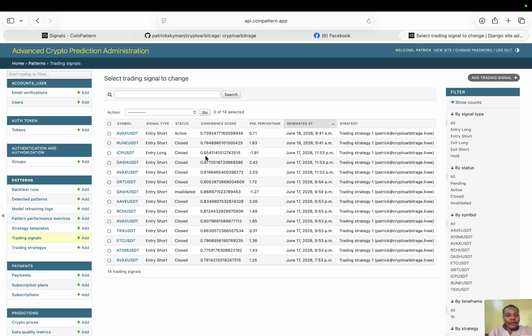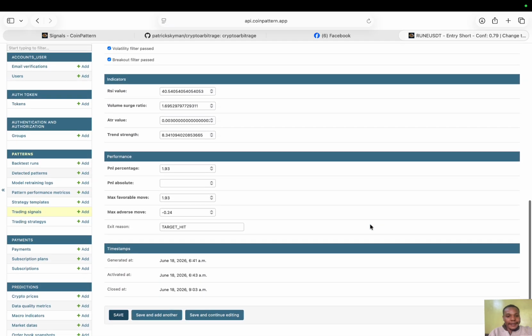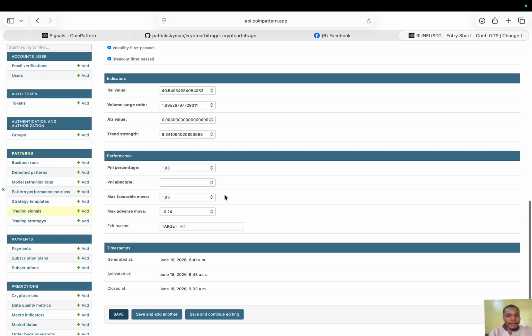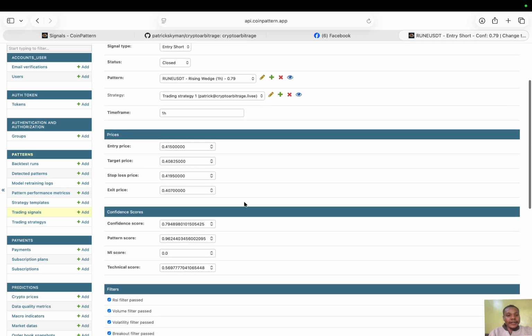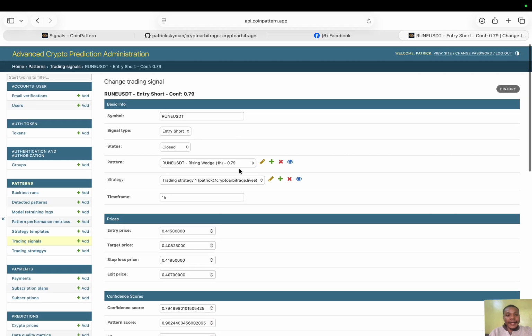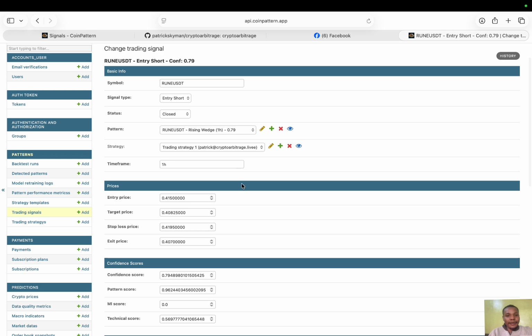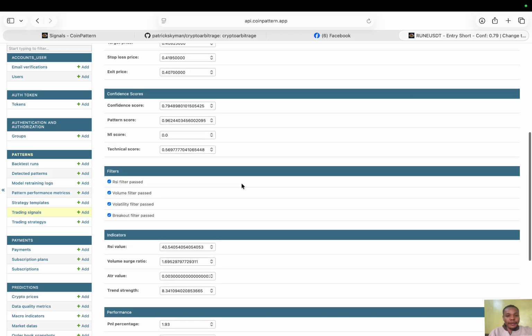So far we have these signals that have been detected, and every time they are detected, you can see the entry price, the exit price, and whether it's a stop loss, a target hit, or maybe invalidated. Depending on the settings of the strategy, we are checking whether all those settings have been achieved, and we are only activating a pattern if it qualifies, depending on the set principles of that strategy.